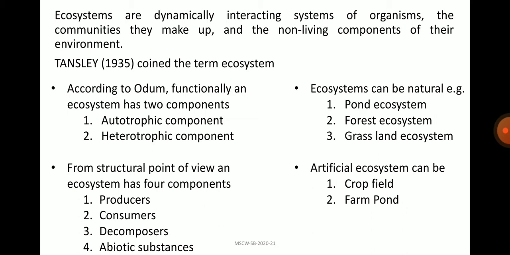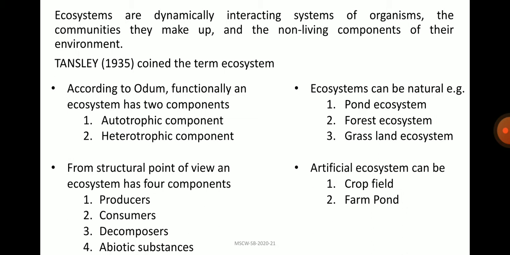The main components of the ecosystem are, as per P.G. Odum, functionally two: the autotrophic component and the heterotrophic component.